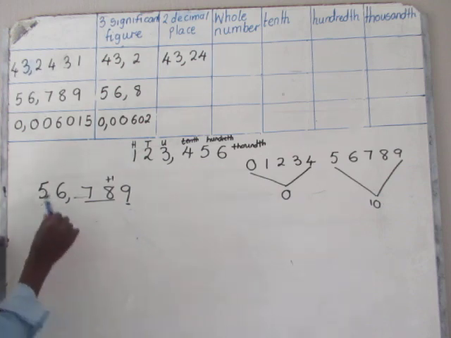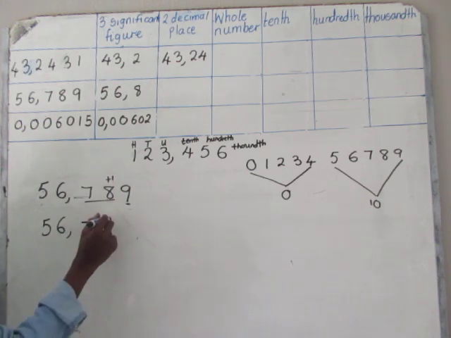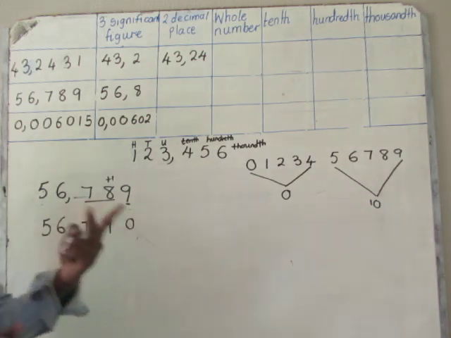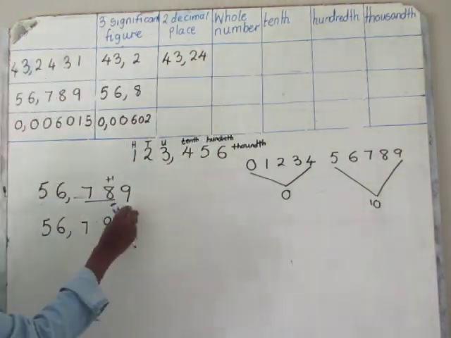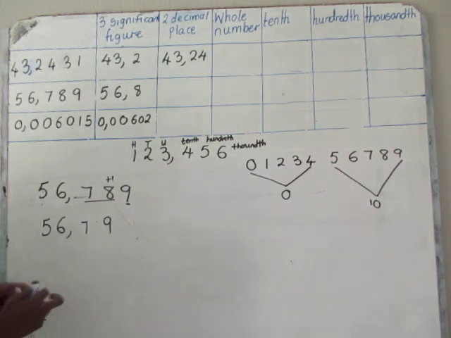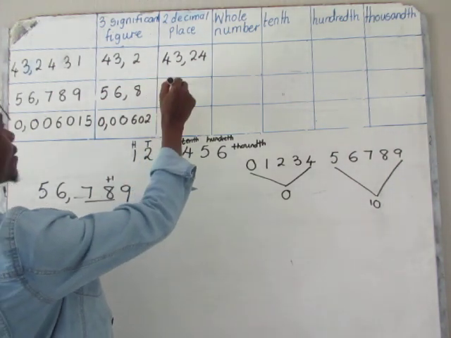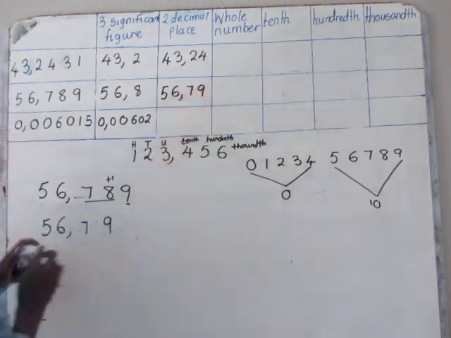I still have my 56.7, 8 plus 1, that's 9. But remember, we only need 2 numbers after the comma, so there's no need of writing the rest. That's going to be 56.79.